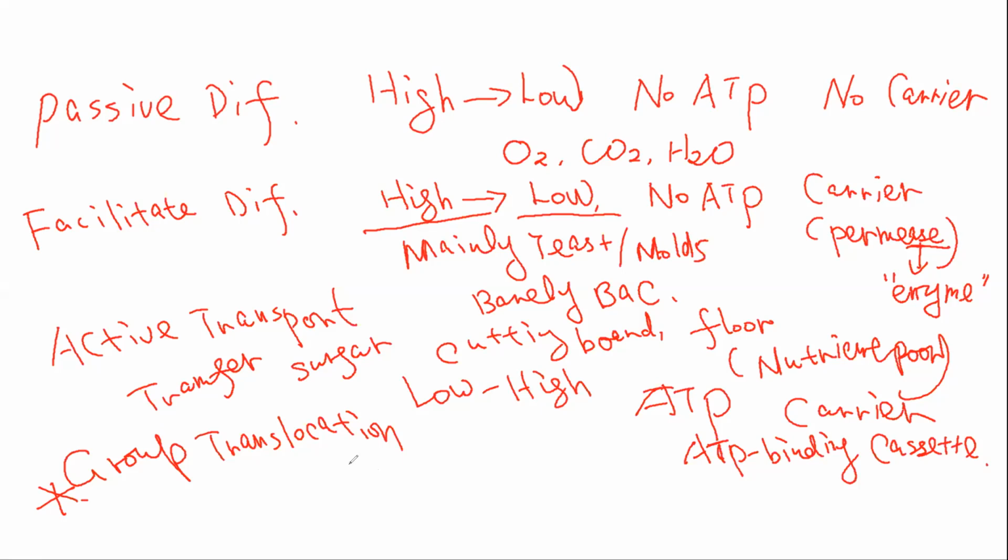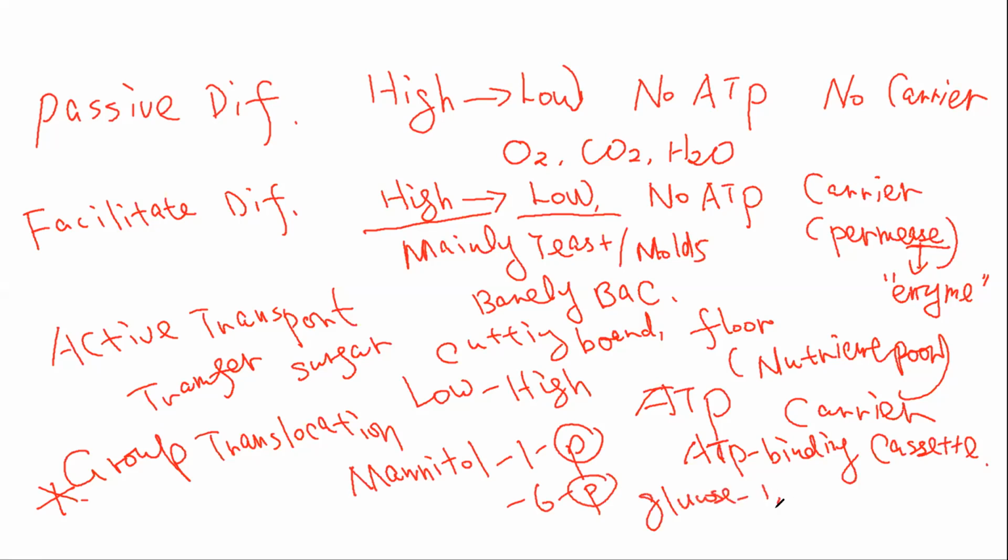Because all the sugars, for example mannitol, through group translocation become mannitol 1-phosphate, or glucose 1 or 6 phosphate. These we call activated sugars. When they carry a phosphate through group translocation, it's very easy to integrate them into the metabolic pathway.